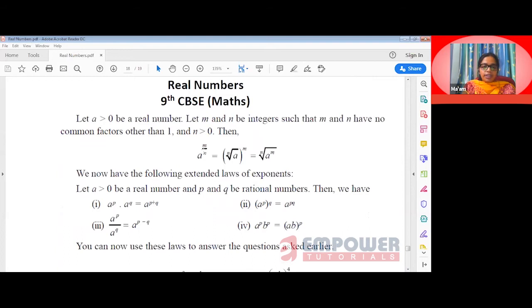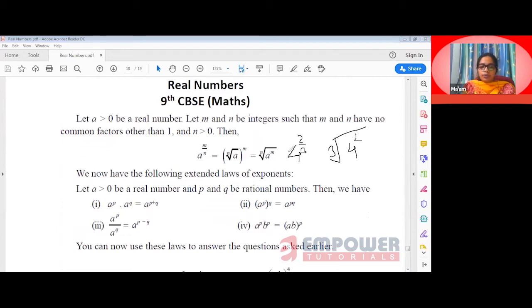Now what else do we have? A raised to m by n. So suppose you have 4 raised to 2 by 3. Now what does it mean? It means the cube root of 4 squared. Got it?